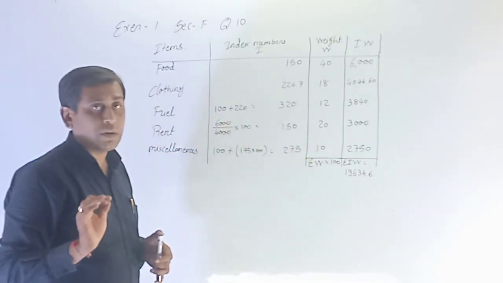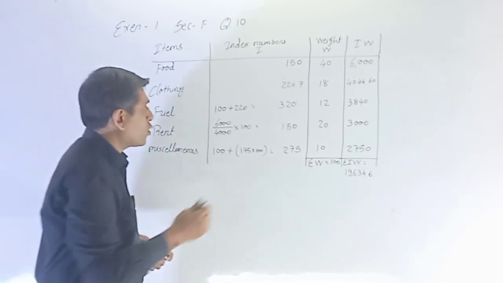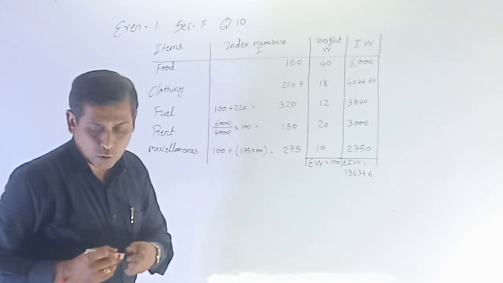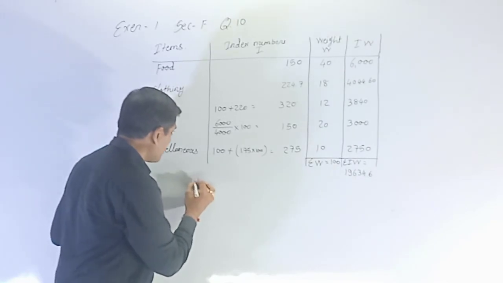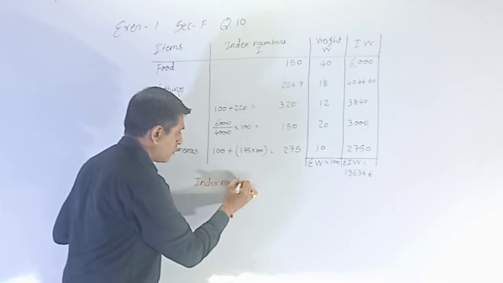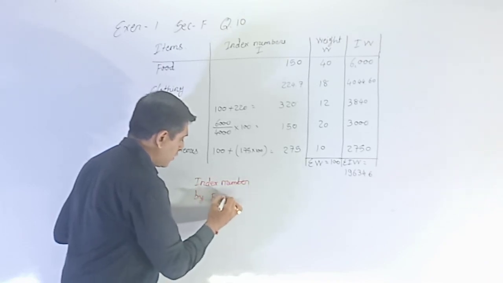Nothing else is difficult in this sum. Okay, so now you have sigma IW as well as sigma W. So you can find out the index number by the family budget method.